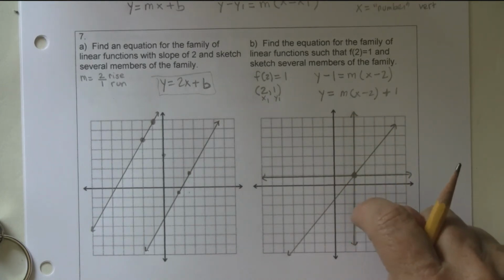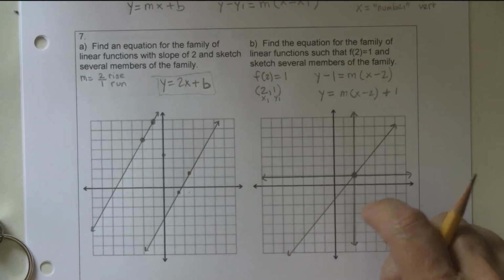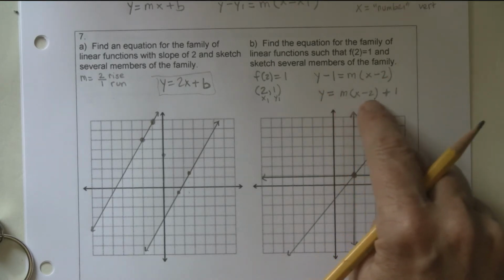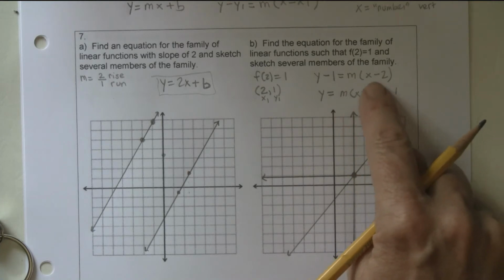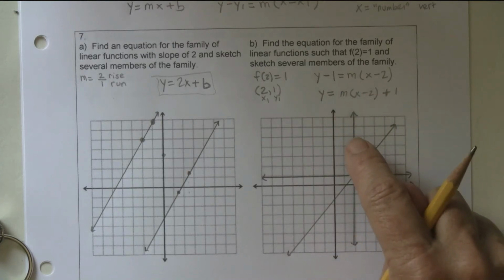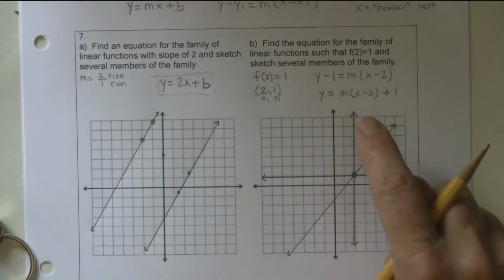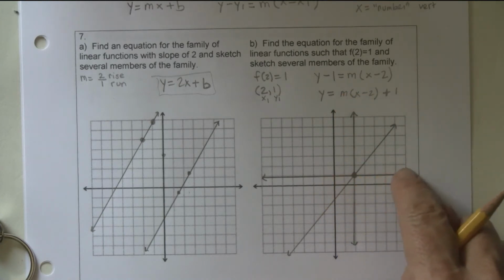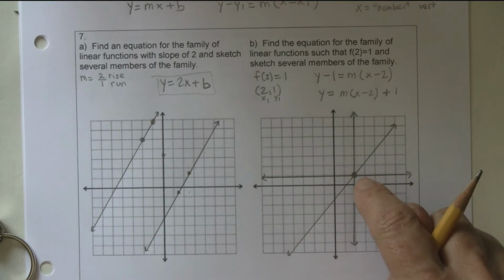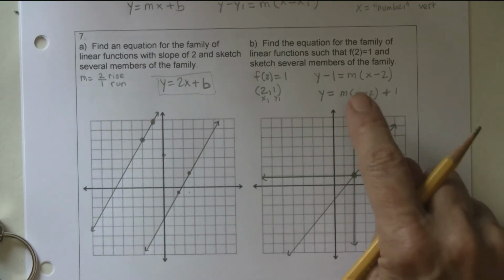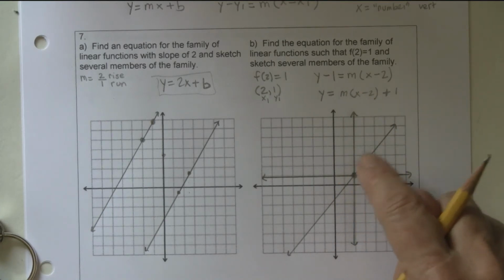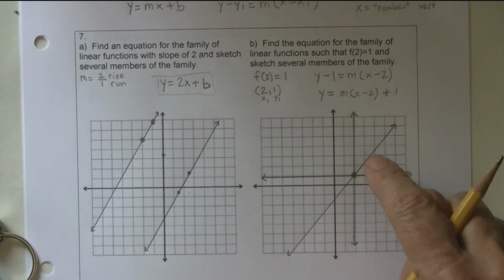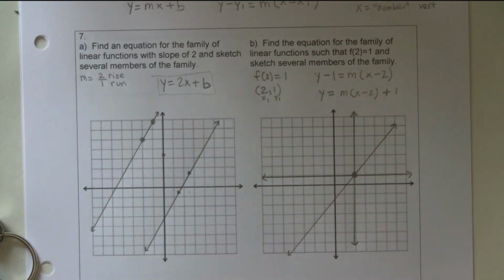Yeah, the slope of a vertical line is undefined. And so this equation right here picks up all of the lines, I think, because slope is 0 would be fine, right? And we would get y equals 1 as our equation, and that'd be okay. And a slope of 2 would be fine. I don't have a slope of 2 drawn on here, but you could put that in, and that would be the equation of the line.